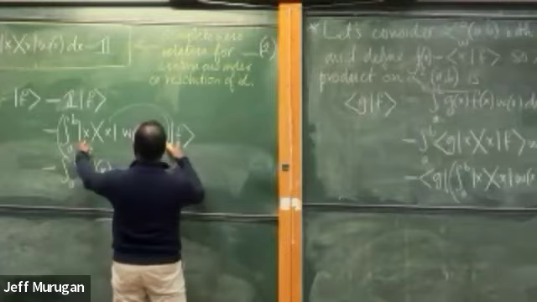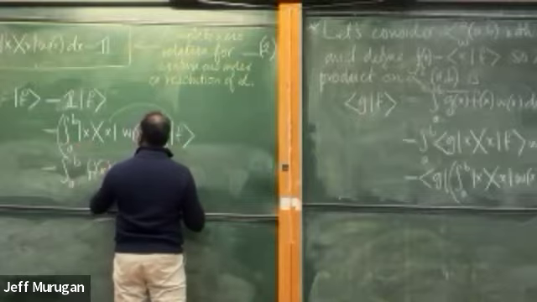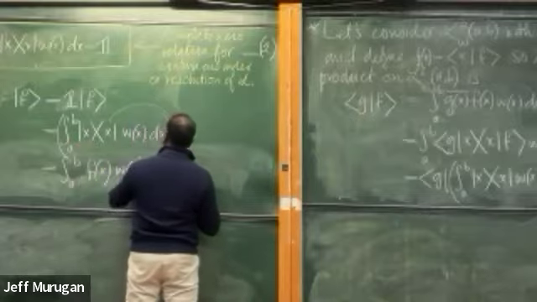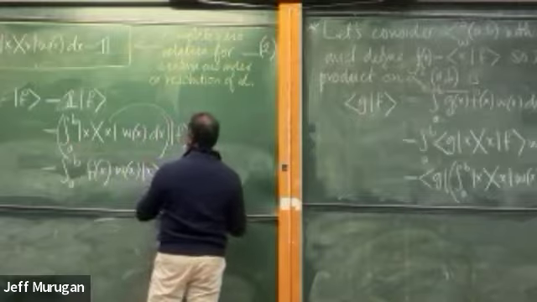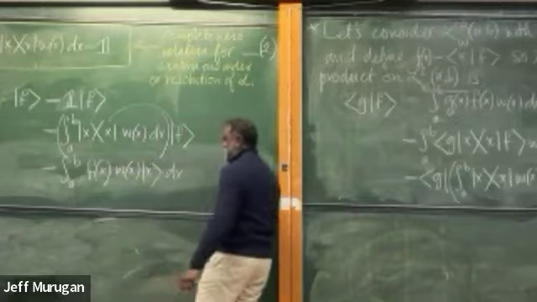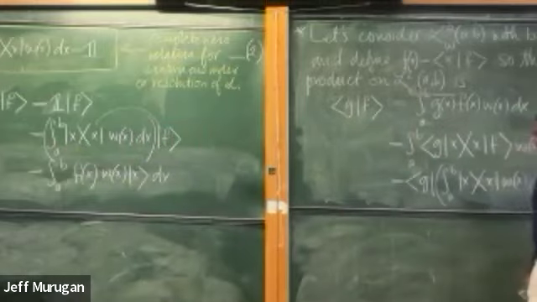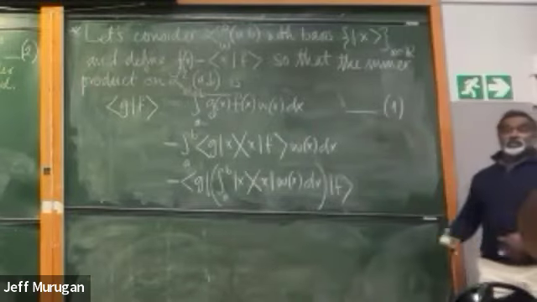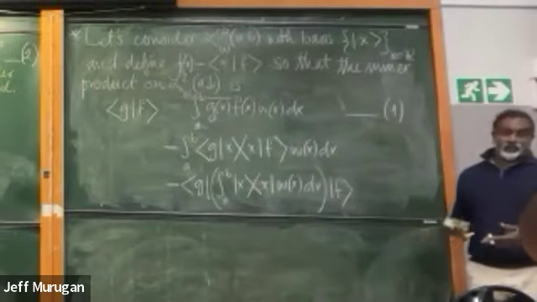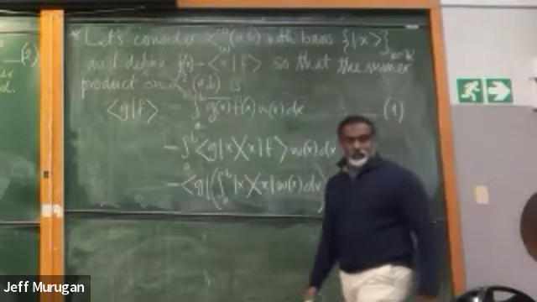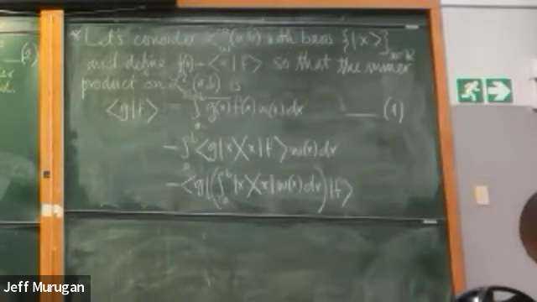And then what's left is this w(x) and the vector |x>, all of that sitting inside the integral. So this then is a continuous version of the expansion of a particular vector in a particular basis.